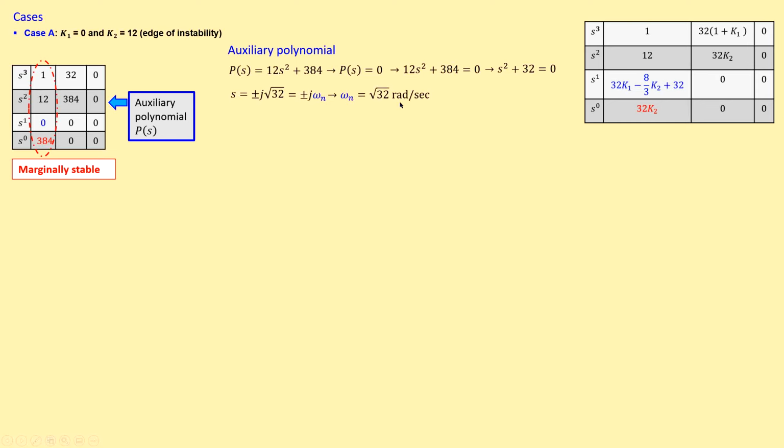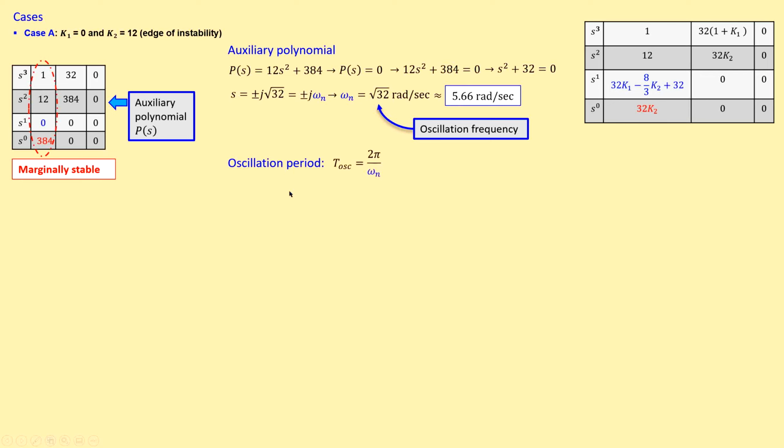If I approximate that, it will be 5.66 radians per second. Now this is the marginally stable case, and this is our oscillation frequency also. I can also calculate the oscillation period, which is T oscillation equals 2 pi divided by omega n. And if I substitute the values, I get approximately 1.11 seconds.